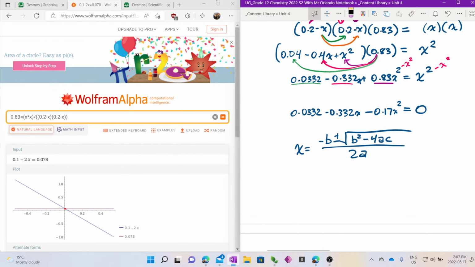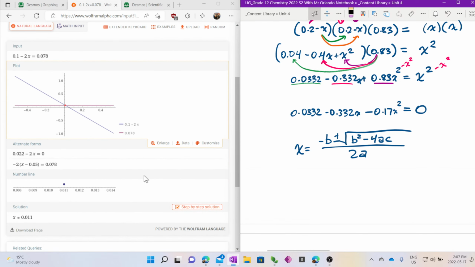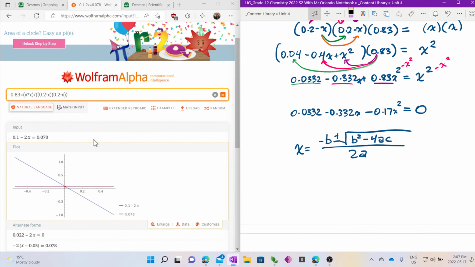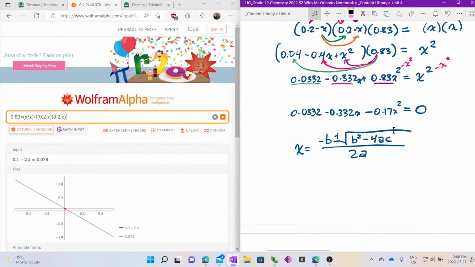For 0.83 squared? It's not squared. You're just multiplying it by x squared. That's 0.83 times x squared, which is just 0.83 x squared.